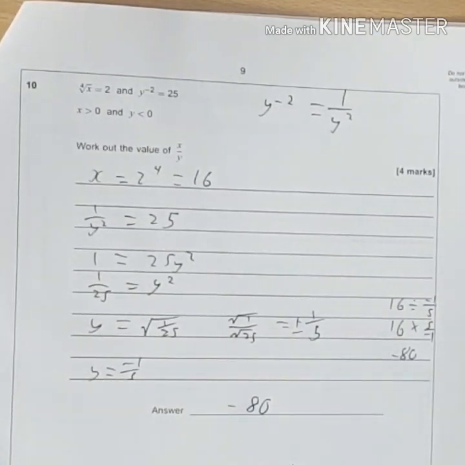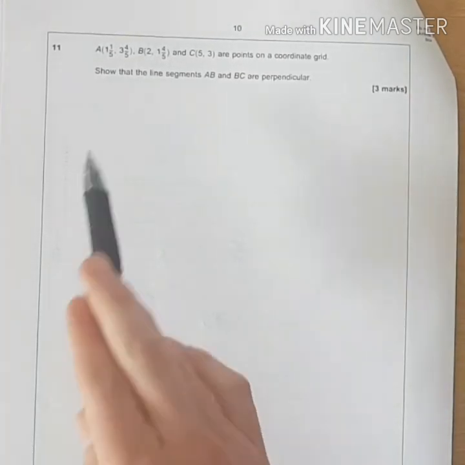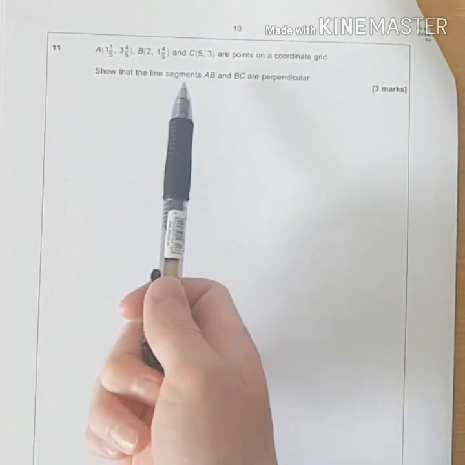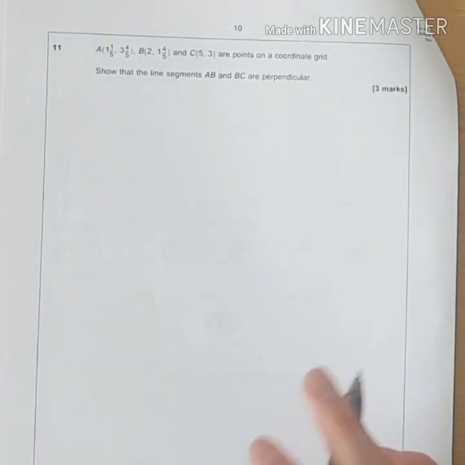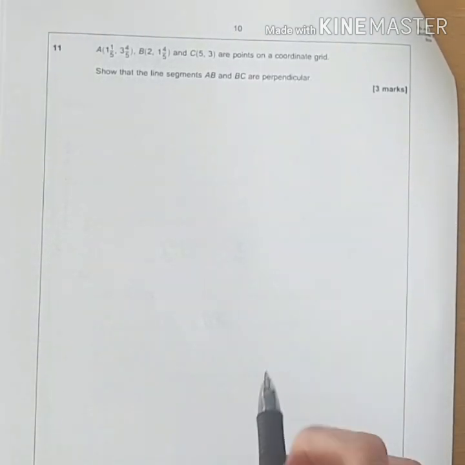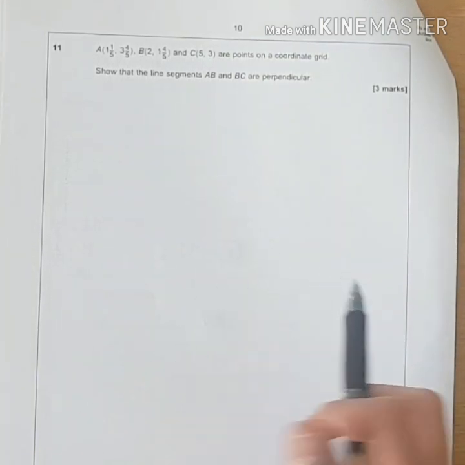Okay, question 11 gives us 3 points, A, B and C, and states that they are on a coordinate grid. Show that the line segments AB and BC are perpendicular. For this question, we need to know how to check if two line segments are perpendicular.